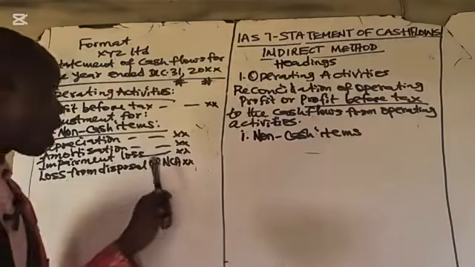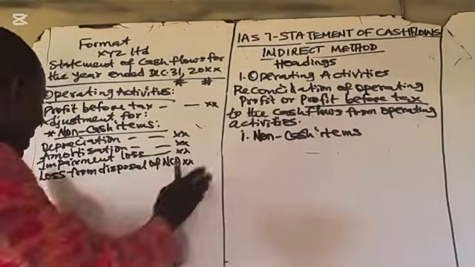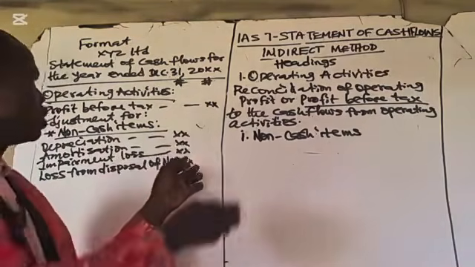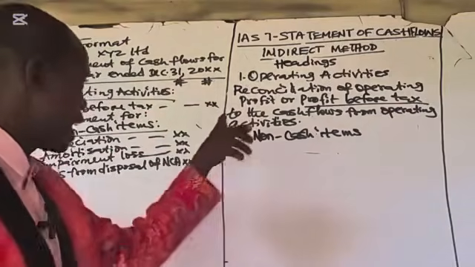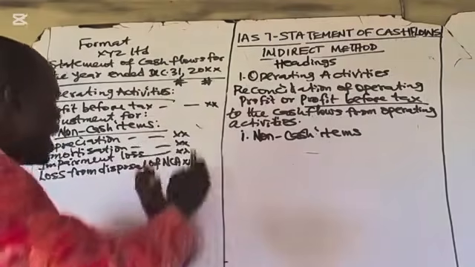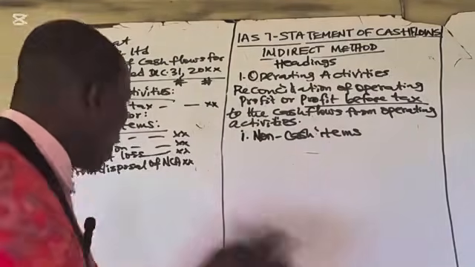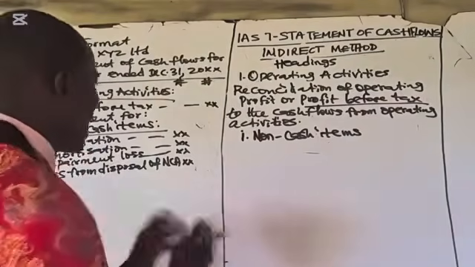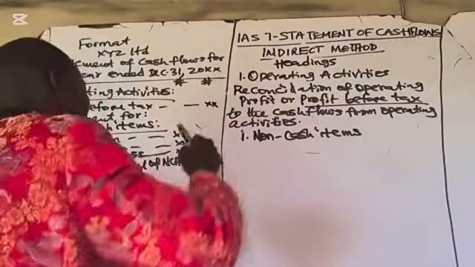If you have any of these, the consequence of these items is reduction of the net profit before tax. That means the profit before tax has been reduced by these items. You want to remove their effect or their impact from the profit before tax. That is why these items have to be added.